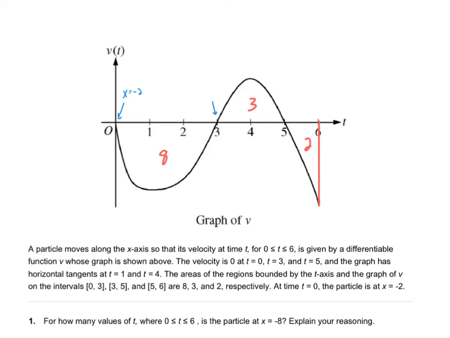So here the particle must be at negative 10. Then the same idea: it went up 3 from 3 to 5, so this will be negative 7. And then here it went down 2, so that'd be x equals negative 9.